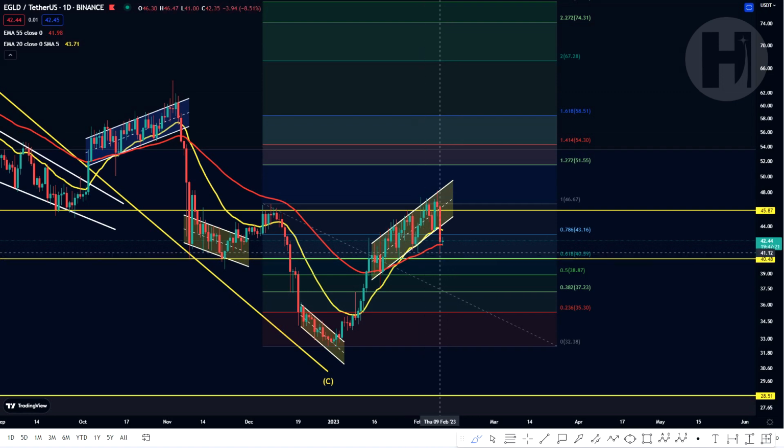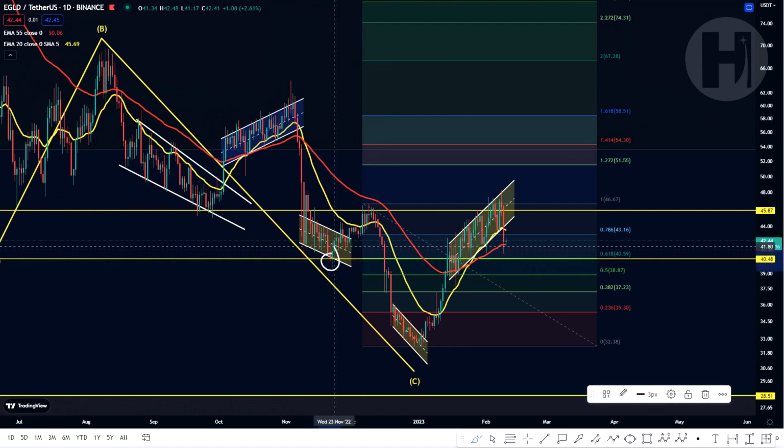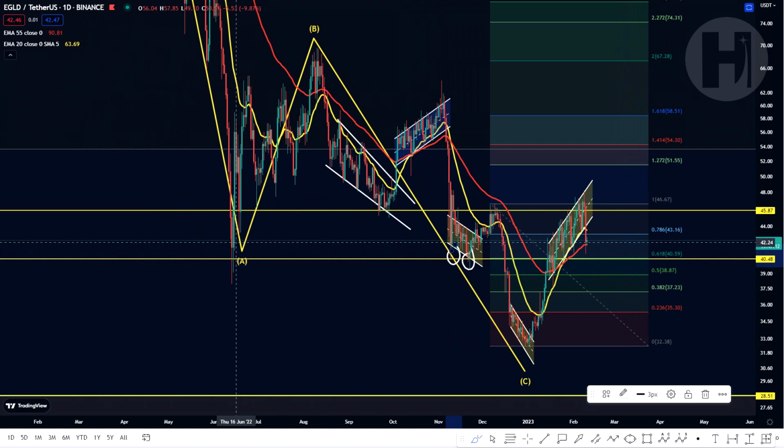And this is a pretty important level here at $40.60, as we have retested that multiple times during the fall of 2022. We went and retested this back in June of 2022.